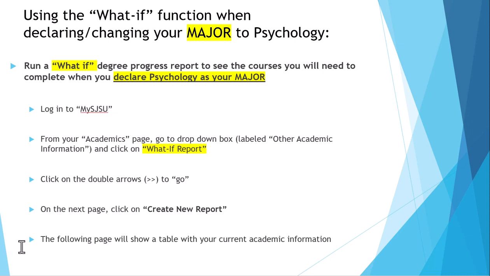Say, for example, that currently you are a biology major and you're considering changing your major to psychology. When you run your what if report, it creates a report that shows your current academic information, which is a biology major, and it will also show you the courses that you'll need to complete if you change your major to psychology.